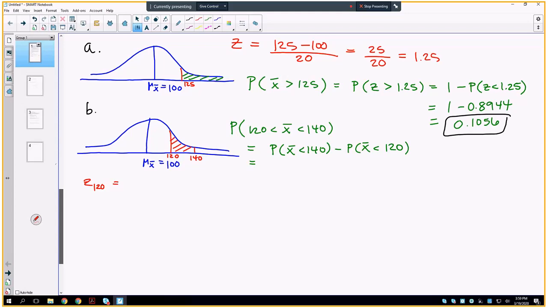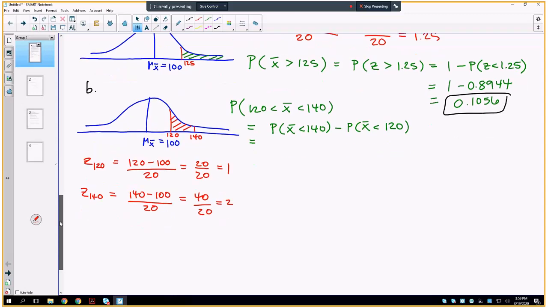And again, we use the same formula. 120, subtract the mean of the sampling distribution, divide by the standard deviation of the sampling distribution. We get 20 over 20 is 1. And z sub 140, 140 minus the mean of the sampling distribution, divide by the standard deviation of the sampling distribution. We have 40 over 20, which is 2.